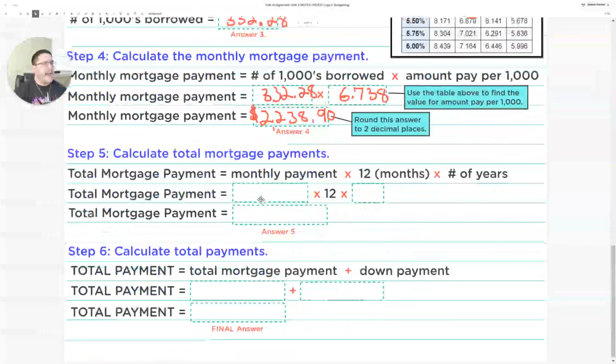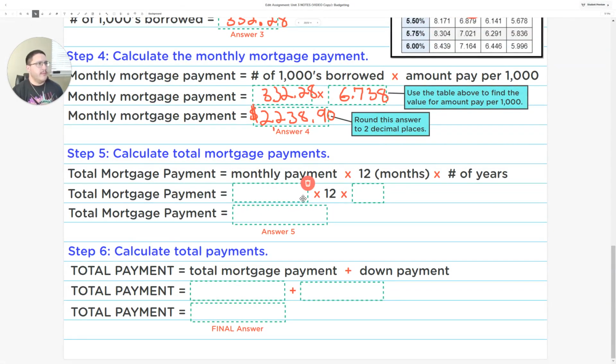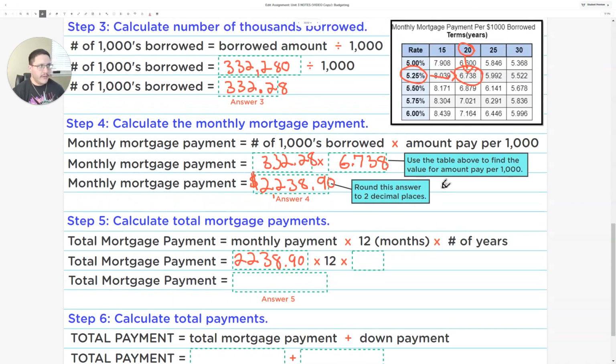Okay, so now for the added step 5 and step 6, we're going to take this monthly mortgage payment and find the total mortgage payments, which is $2,238.90 times 12 times the number of years that we're carrying this out, which is 20.